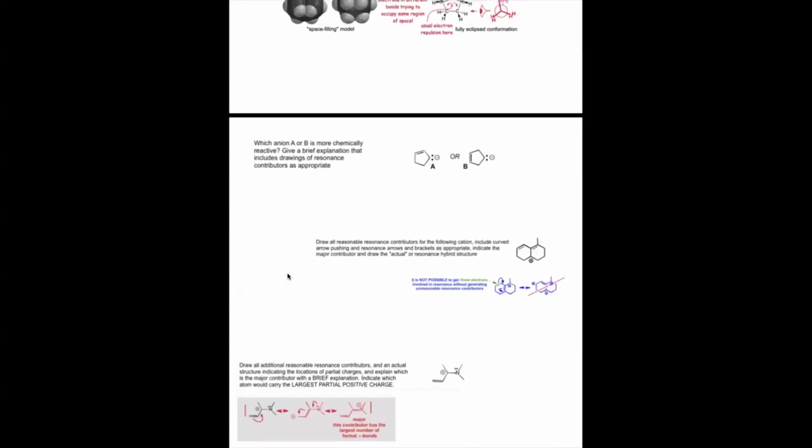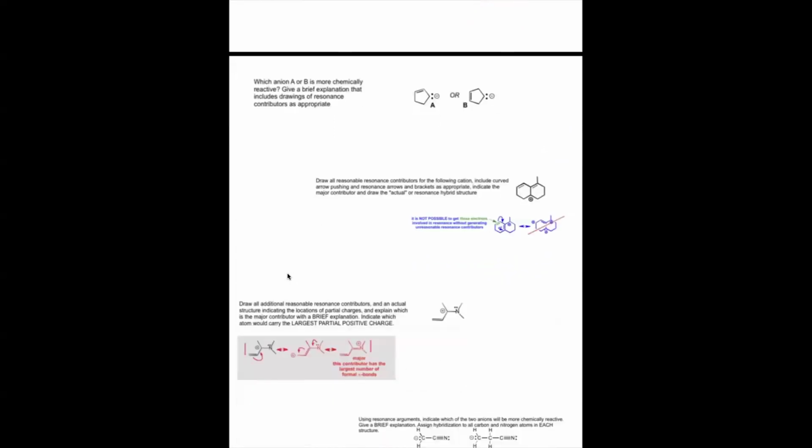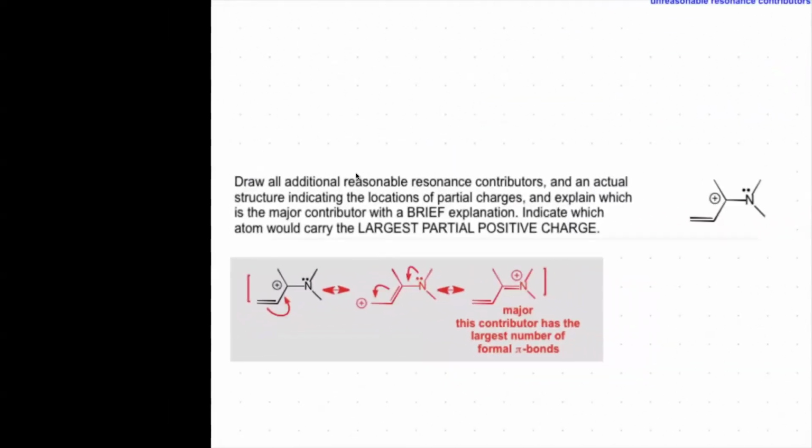Just real quick, for resonance, I don't have a specific question to show you, it's more of a conceptual thing. When I'm moving electrons, I always have the tendency to try to force them into a bond, like to make another double bond, for example, as I'm moving one step at a time.